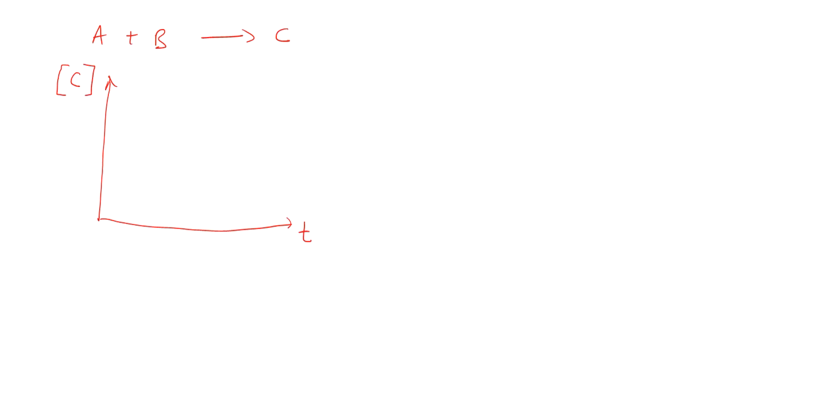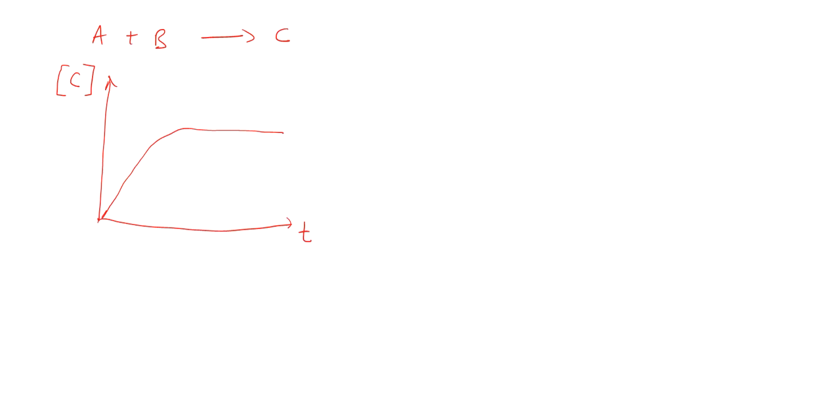Usually when we have something written in square brackets, that represents concentration, okay? So in the case of C, the concentration of C with time will look something like this, right? You need to be able to draw what we call a rate curve.